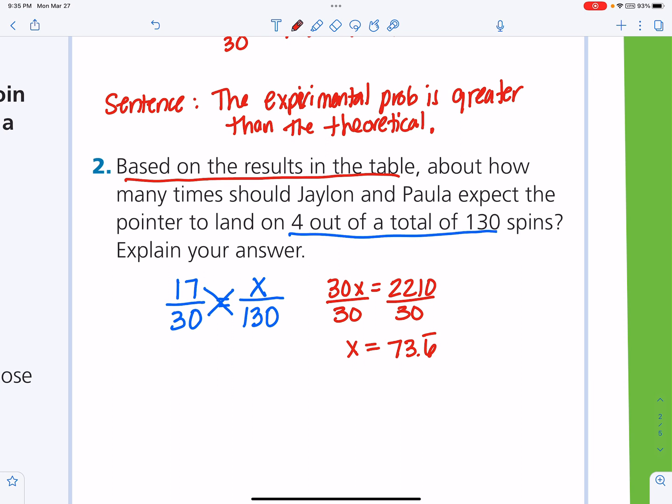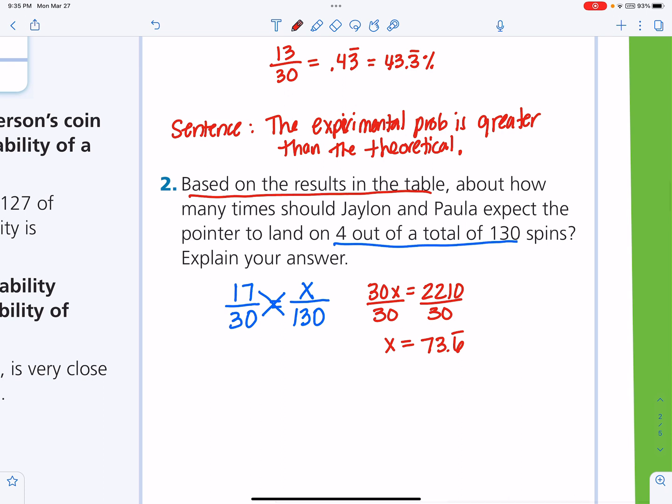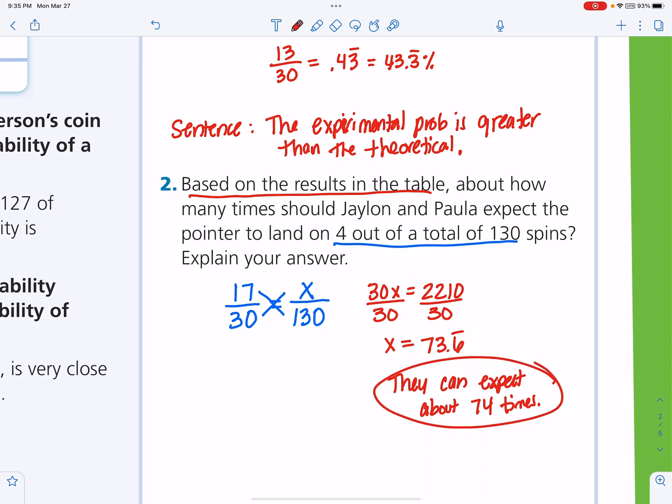Okay, and so let's look at our information. It says, about how many times should Jalen and Paula expect the pointer to land on 4 out of a total 130 spins? So they can expect about 74 times. Okay. So because it's an about, maybe you could have used the multiplier.